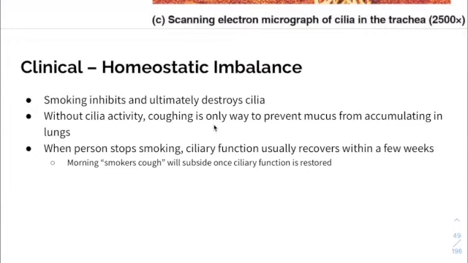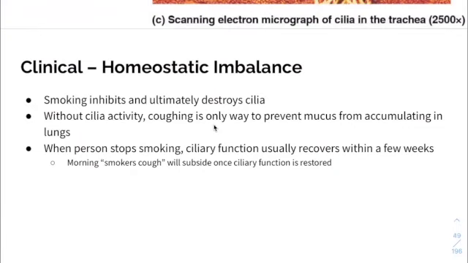The mucus being produced by those goblet cells in that pseudostratified ciliated columnar epithelium is being secreted out, but instead of being pushed back up to the throat, it eventually starts to collect down in the lungs. That's part of what creates that smoker's cough, because they've got that mucus in their lungs now and they don't have functioning cilia to get rid of it.